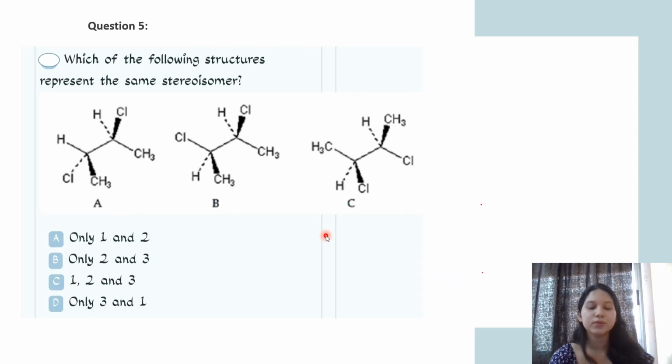Okay, so let us move to the next question. We have, which of the following structures represent the same stereoisomer? You are given 3 molecules here, A, B, C, and you have to identify which 2 of these 3 molecules are same.